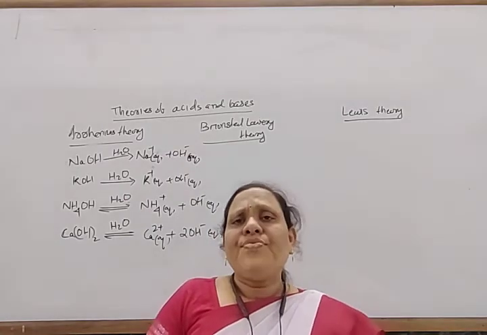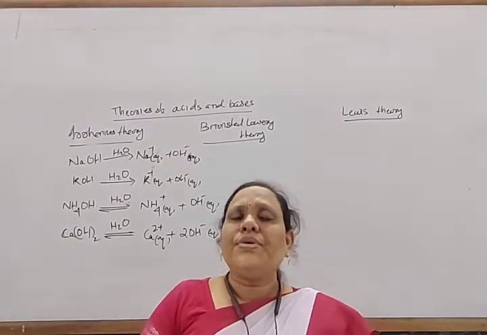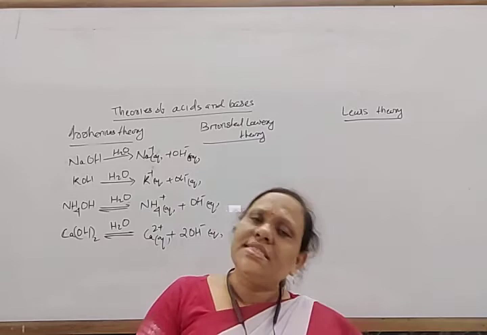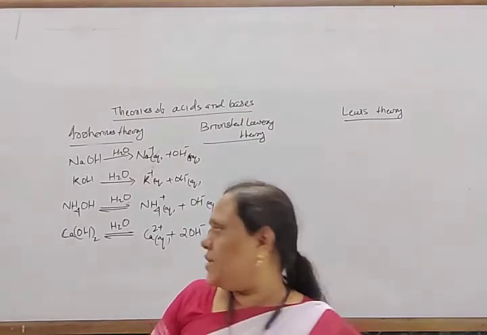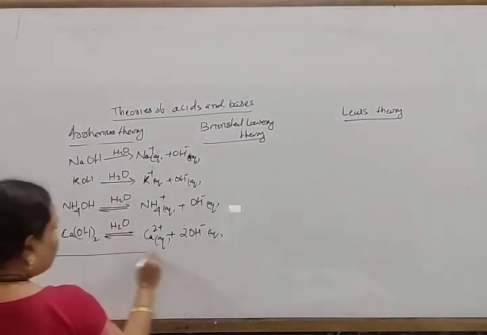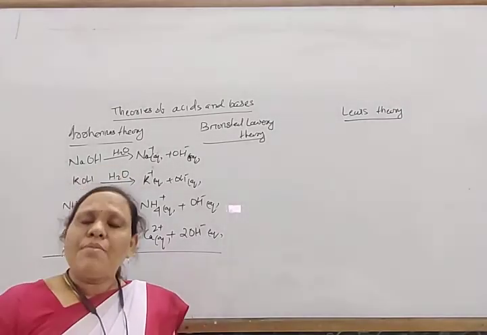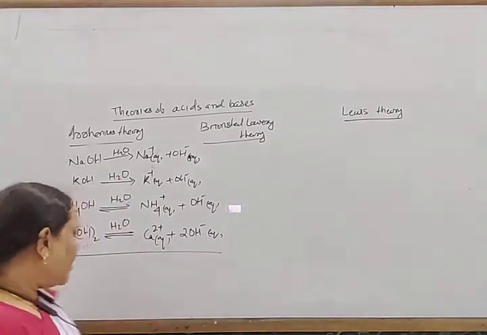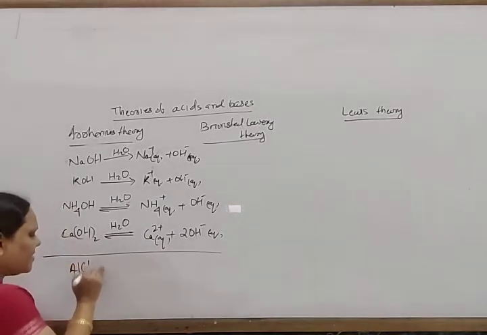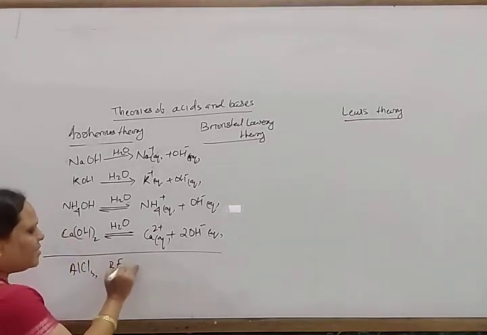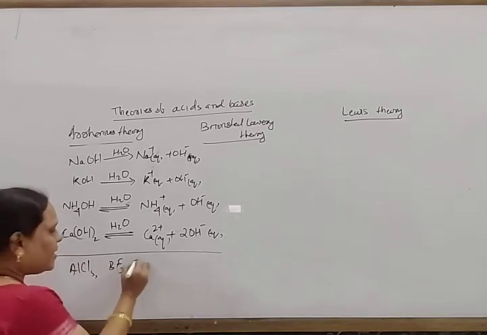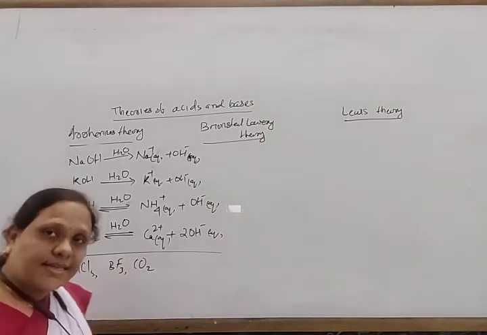And another thing, there are some acids which do not contain H+ ion. Still, they act as acid. For example, aluminum chloride AlCl3 and BF3 act as acid. Carbon dioxide acts as acid.